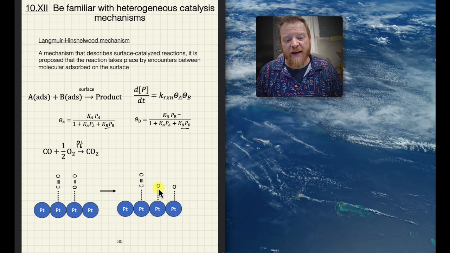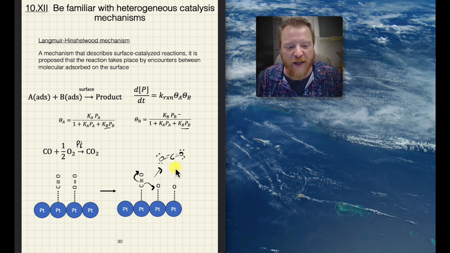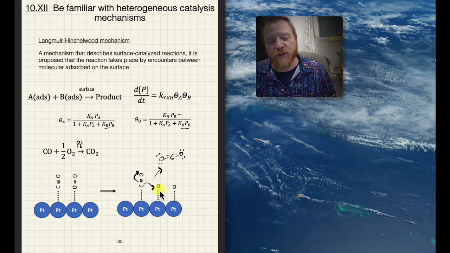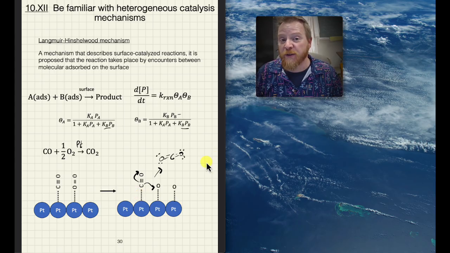Now when we have a neighboring oxygen and a neighboring carbon, we get this arrow pushing going on here, where we release a weird looking thing that eventually rearranges itself to CO2. I'm not going to go into great detail with the arrow pushing, but it is believed that the O2 dissociates, and then when it's in close proximity to a carbon monoxide, it can go off to release CO2.